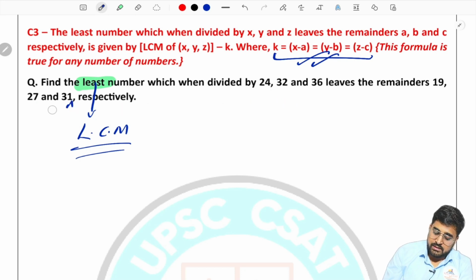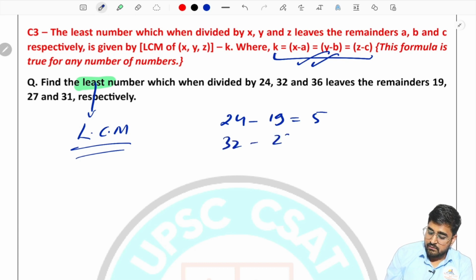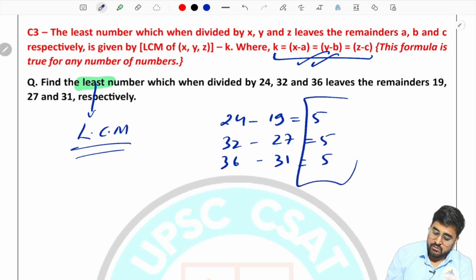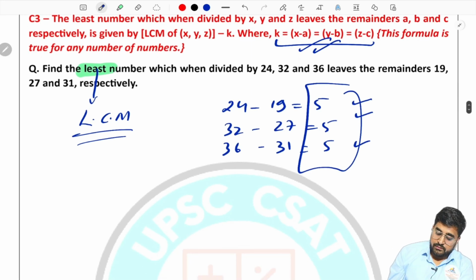So the condition is fulfilled: 24 minus 19 gives 5, 32 minus 27 gives 5, and 36 minus 31 also gives 5. All are equal. Now let's solve them.